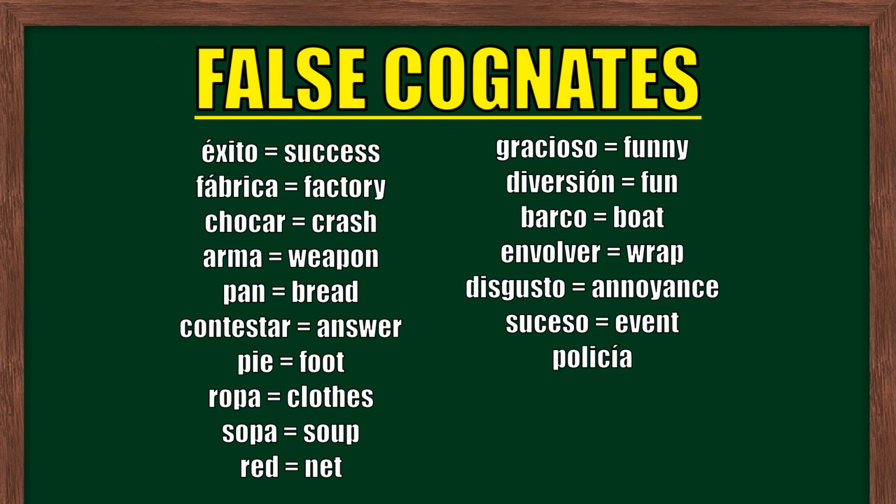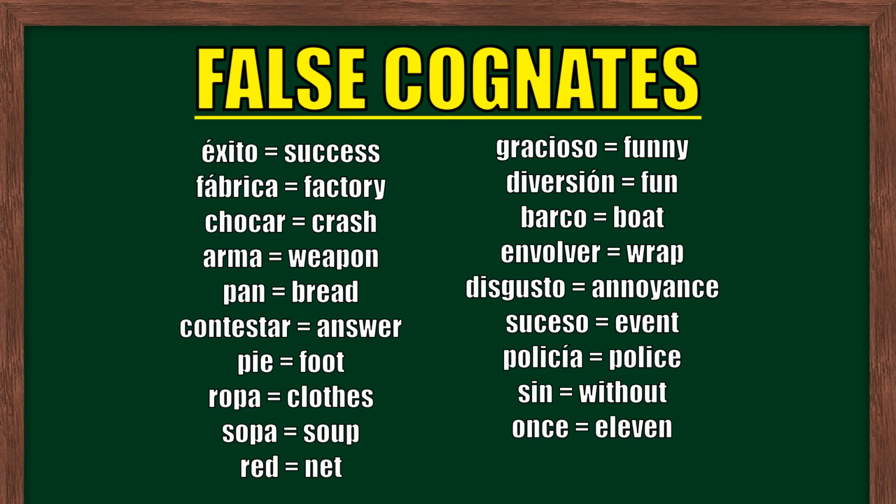Policía does not mean policy. It means police. Sin does not mean sin. It means without. Once does not mean once. It means 11. Grosería does not mean grocery. It means a swear word or a cuss word.